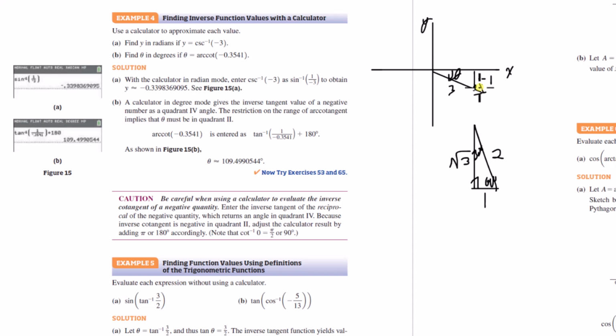We could say 1 squared plus x squared is equal to 3 squared, so 1 plus x squared is 9, and x would be 2 root 2. And there you go.